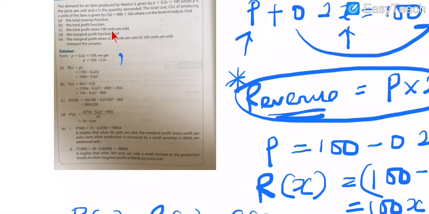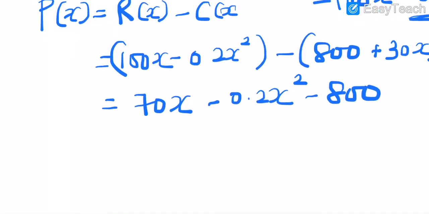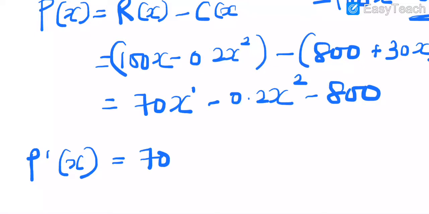This one should be no problem, right? Then the fourth one is the marginal profit function. You have the profit function already. When the question mentions the marginal profit function, you differentiate. In my previous lesson, you know it already. So x power of 1 times 70 is 70, x to the power of 1 minus 1 is 0, so there is no more x.